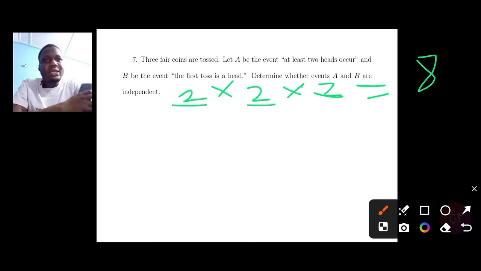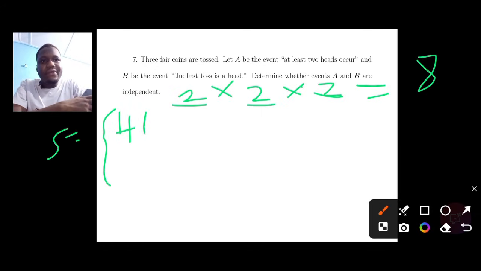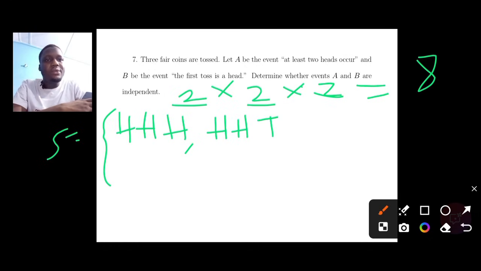Okay, it will be important that we list the sample space. So we have first one head, second one head, third one head, or first one head, second one head, and tail. Let's move the tail. I taught this style in a previous lecture.